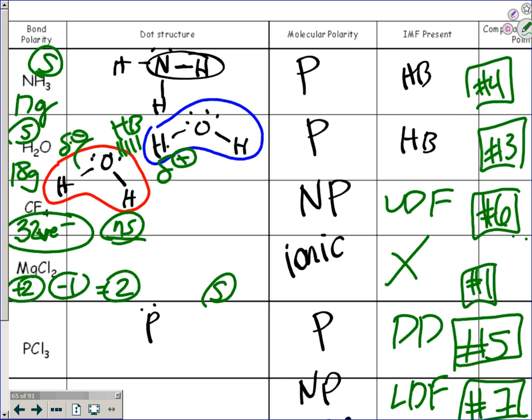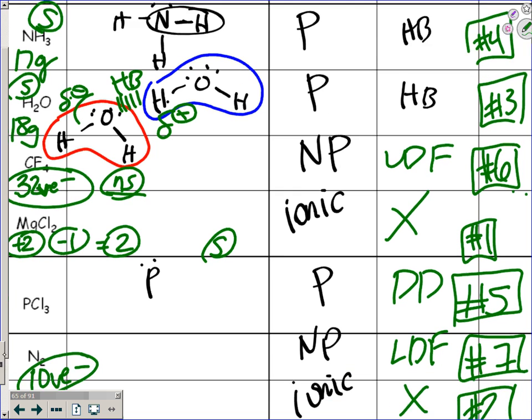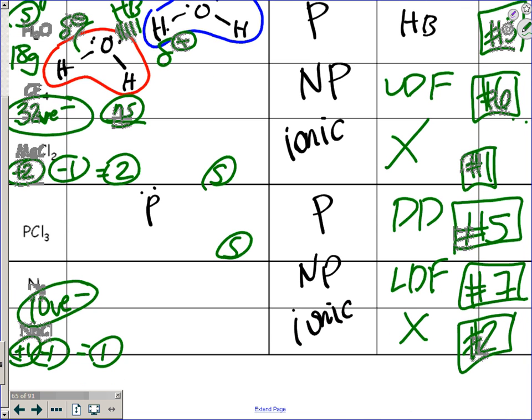Soluble, because polar or ionic dissolves in polar. Nitrogen? Not soluble, because it's not polar. And then soluble because it's ionic. So you should be able to identify who's soluble and who's not based on if it's polar or if it's ionic. That's what you'll be expected to be able to do tomorrow.